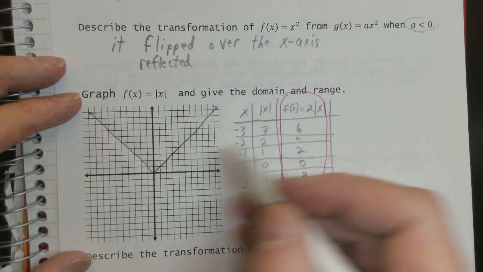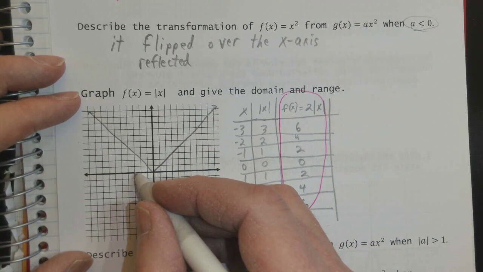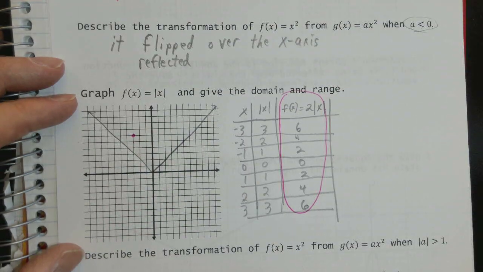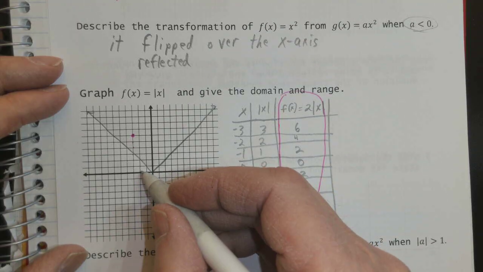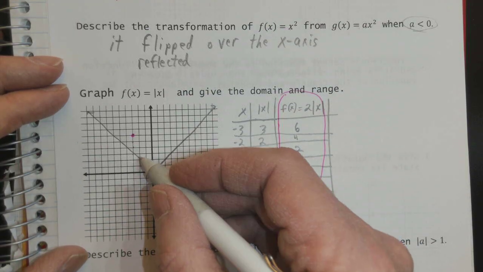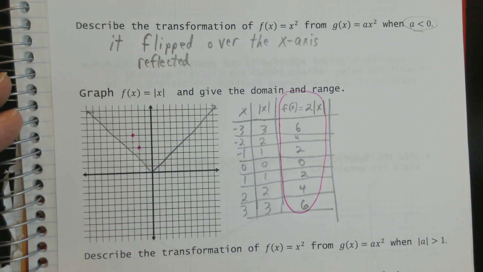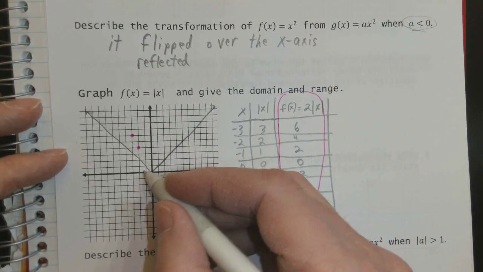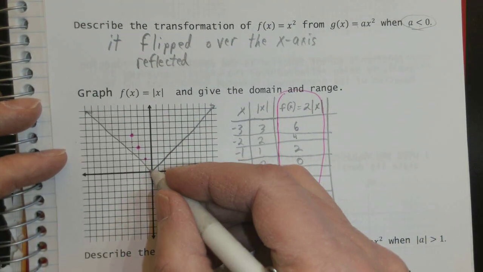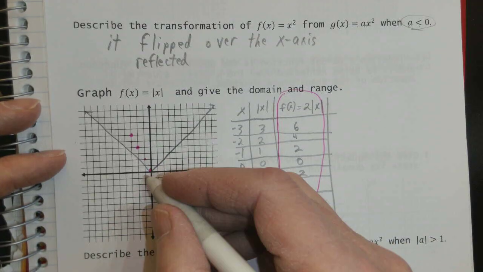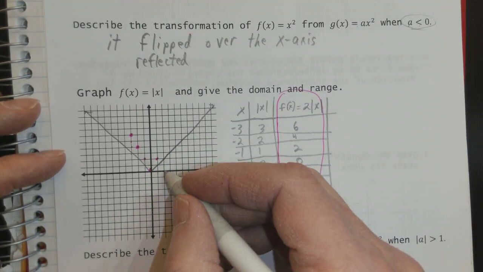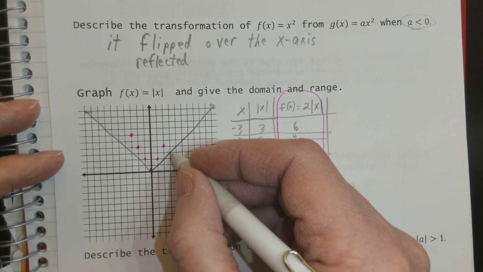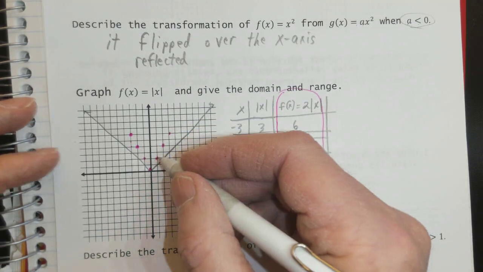So I'm going to plot -3, 1, 2, 3, 4, 5, 6. -2, 1, 2, 3, 4. -1, 2, 0, 0, 1, 2, 2, 4, 3, 4, 5, 6 is here.